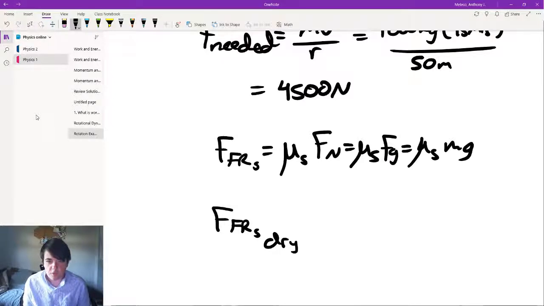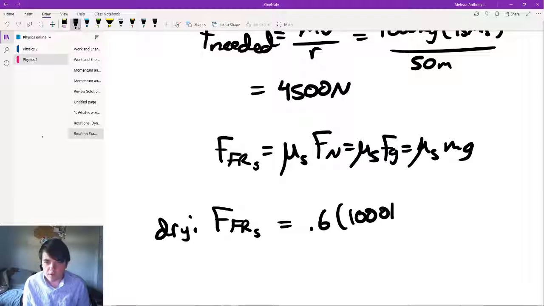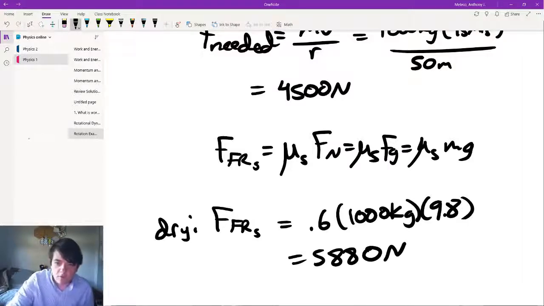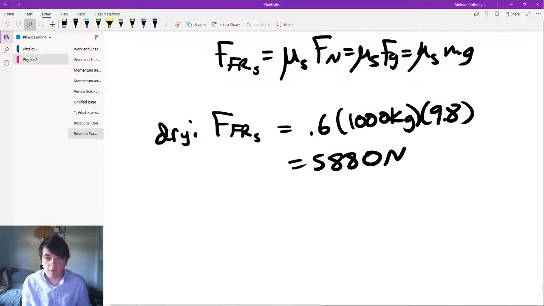Here, let me write it like this, so I don't have subscripts on subscripts. So the dry case is 0.6 times 1,000 kilograms times 9.8. And that is 5,880 newtons. So this is above the 4,500, so this is good.